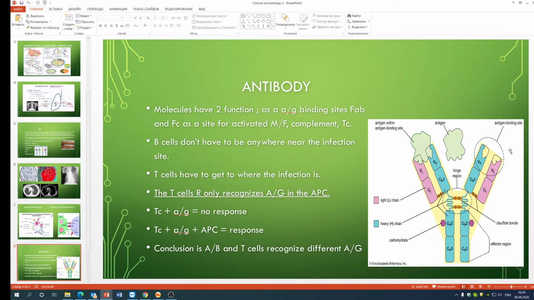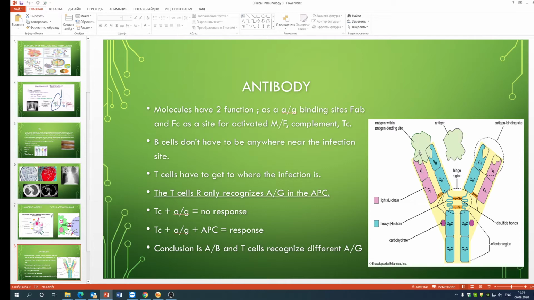For example, immunoglobulin G has two binding sites, so it can bind only two antigens. Pentameric immunoglobulin M has 10 Fab fragments and binds 10 antigens, and respectively for immunoglobulin A and immunoglobulin E.